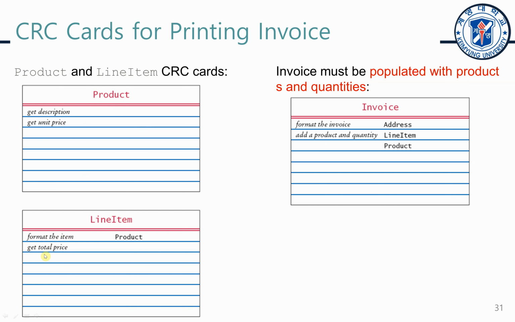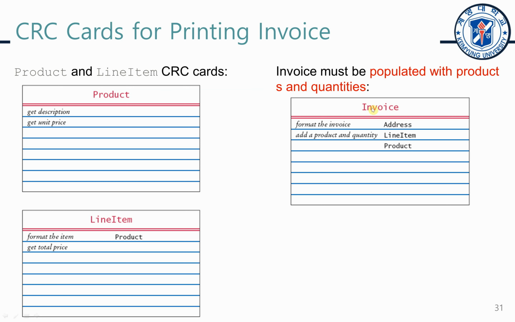And then the product, line item, and address classes are all collaborating with the invoice class, not with one another. Okay, the line item also collaborates with product actually, but the main class, the invoice class, collaborates with address, with line item, and with product. In this case, this can only tell us these three classes work with the invoice class.